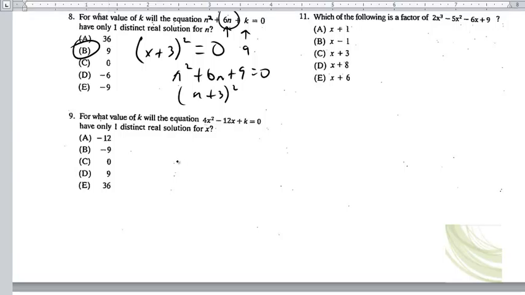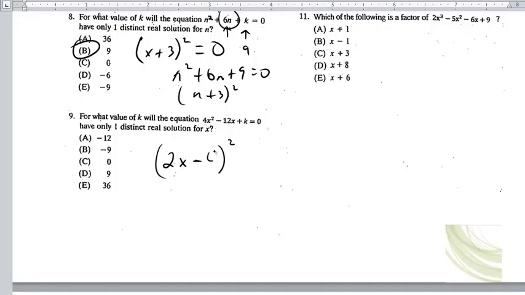In order to get 4x squared, I have to have something like 2x, and this is a minus sign here, so it's going to be a minus and something squared.